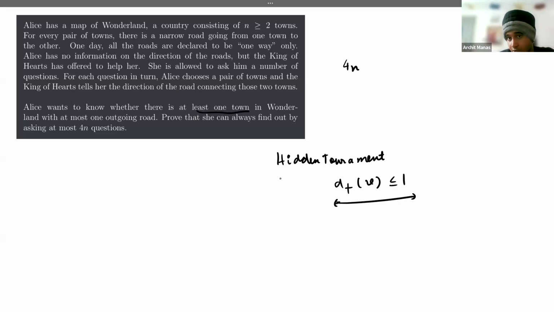You're allowed to ask questions, and you have to just report yes or no, depending on whether there's a town that satisfies d plus of v at most 1. So we want there to be some vertex which has 0 or 1 outgoing roads.